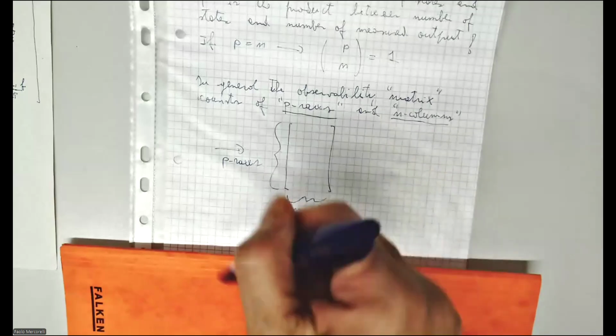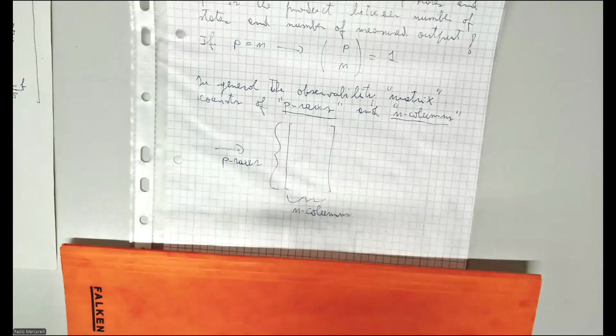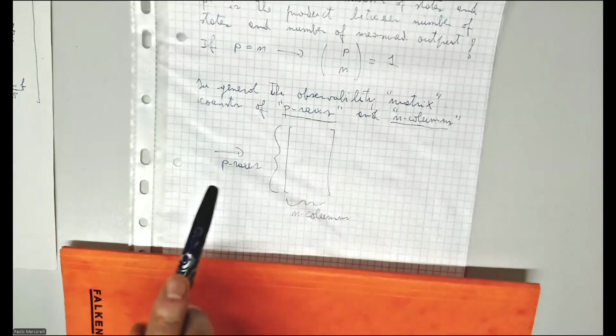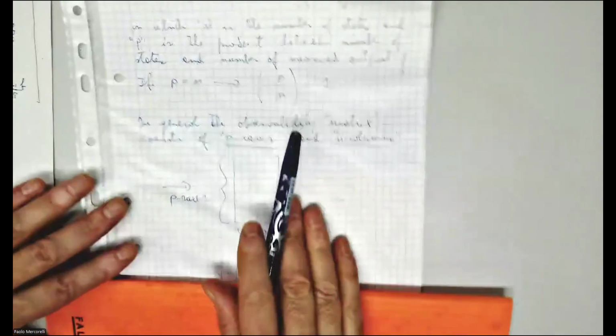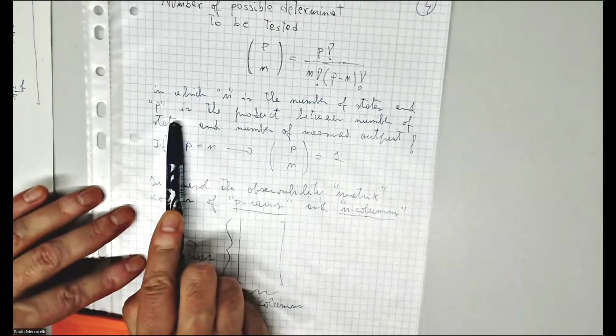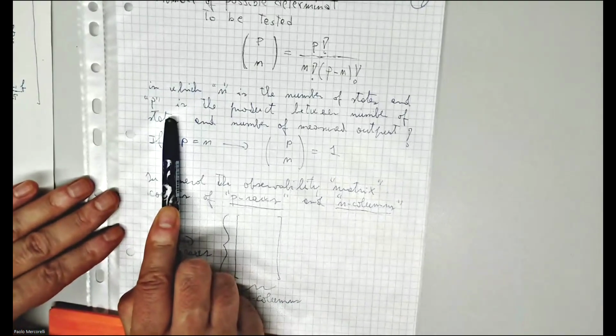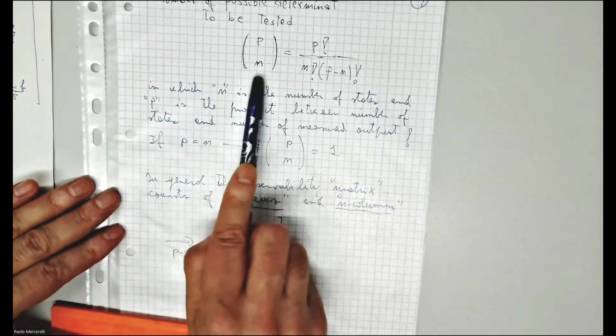an observability matrix, which consists of P rows and N columns, in which P, as I told you, is the product between the measurements and states, and N is the state.